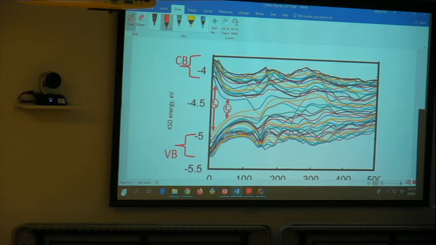Okay, so as I understand it, this is a fluctuation graph. Each line is a different orbital. So this is my conduction band, and this is my valence band.